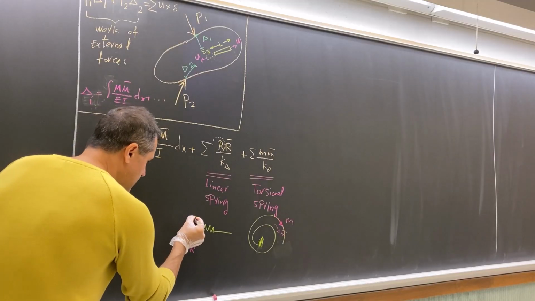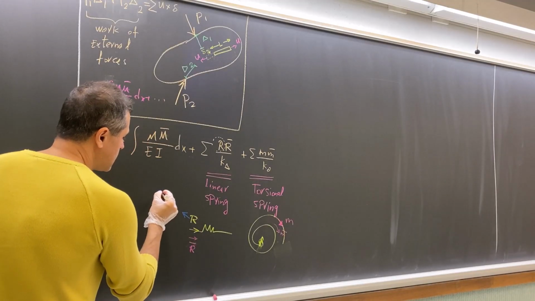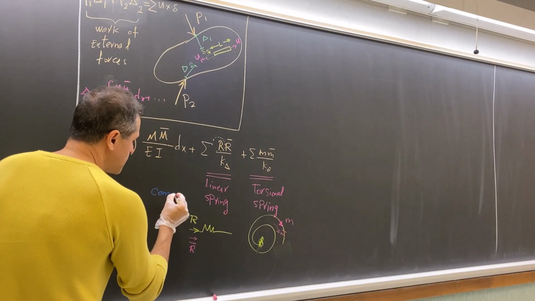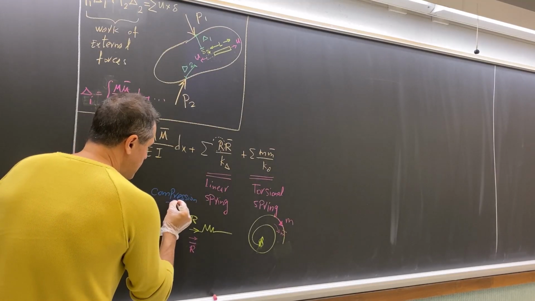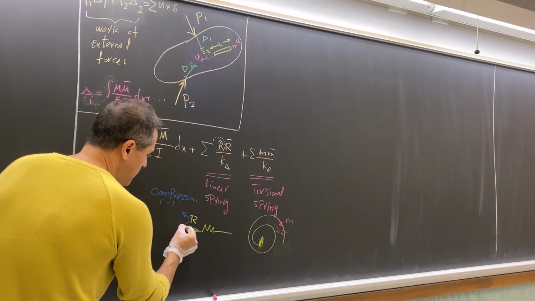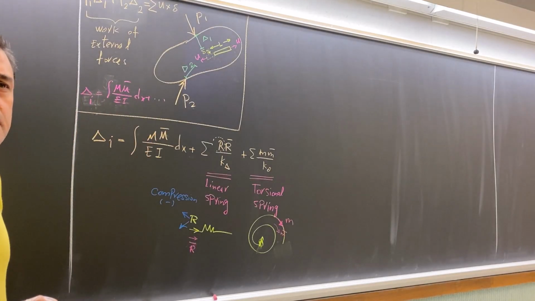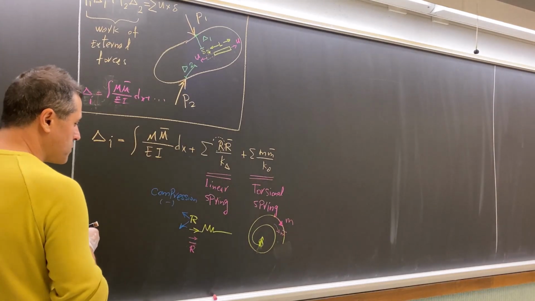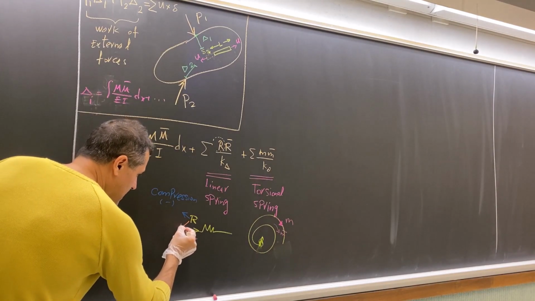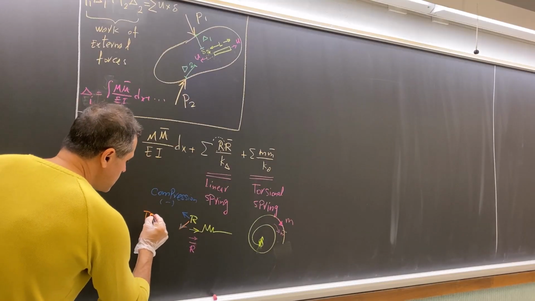So I just say it is in compression, then it is negative. Can you see this color? No, right? Because the background is dark, this is blue, so blue cannot be seen. So now, another one is tangent.